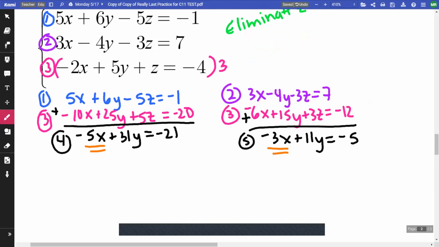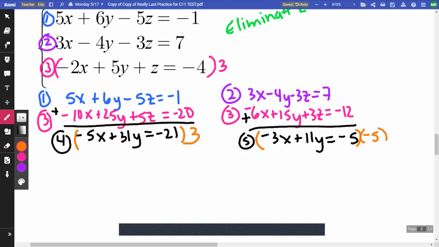So let's say I multiply this one here by 3, and this one here by a negative 5 to make it a positive.